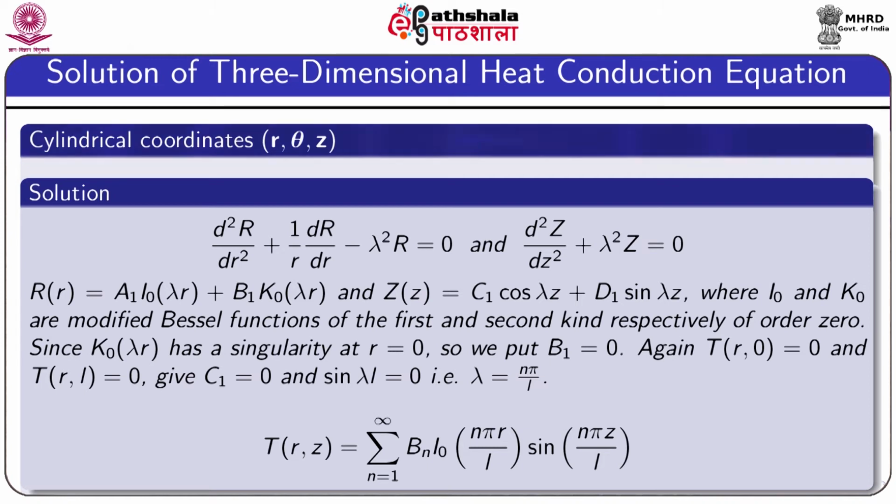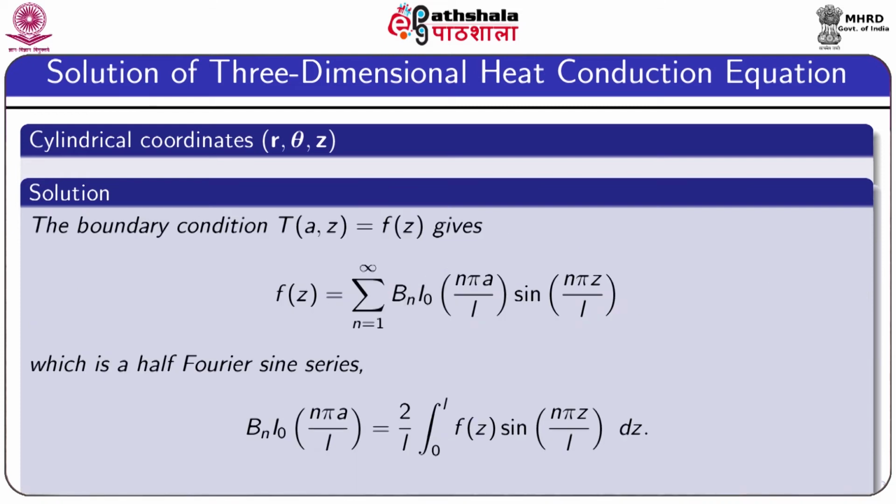But now Bn is our unknown constant. To obtain the values of Bn, we have to use the boundary condition that T at r equals a has the distribution F of z. So F of z equals the sum over n of Bn I0 of n pi a by L sin n pi z by L, and this is a half range Fourier sine series.